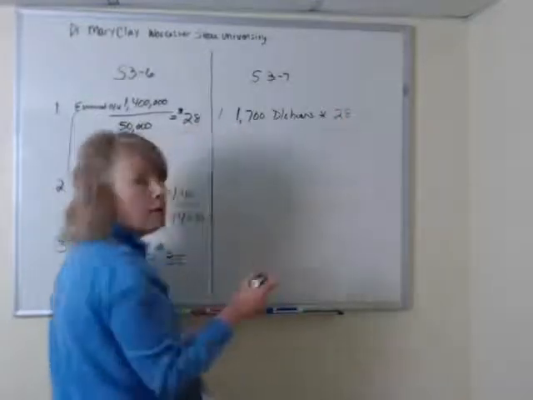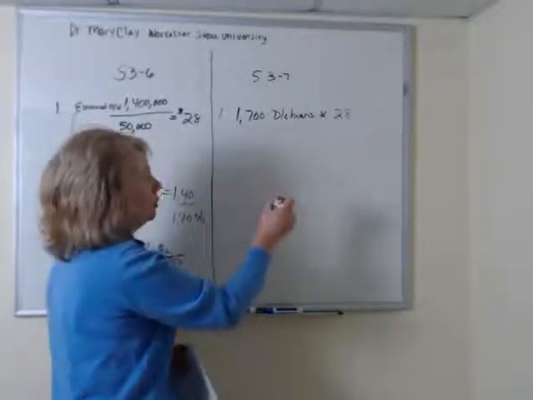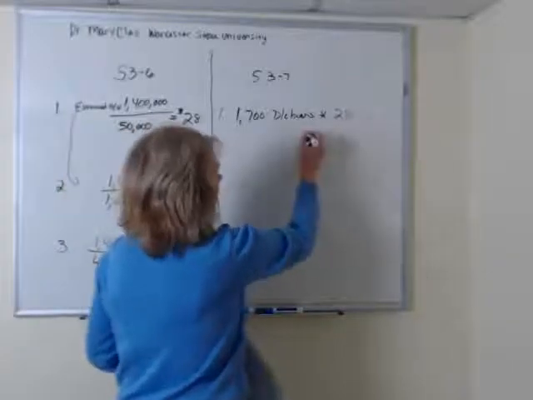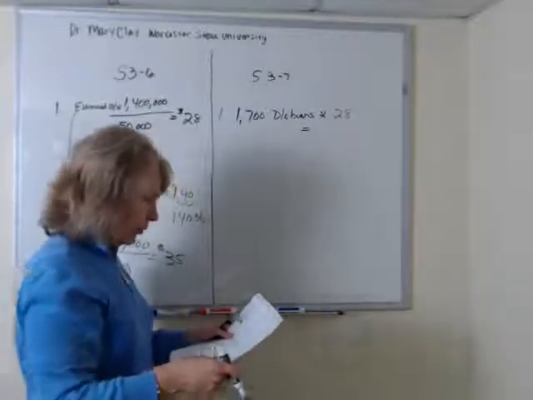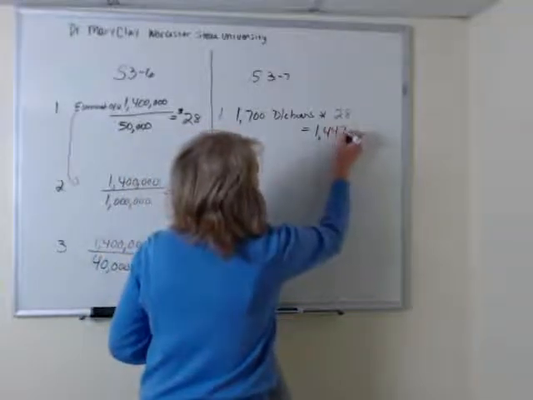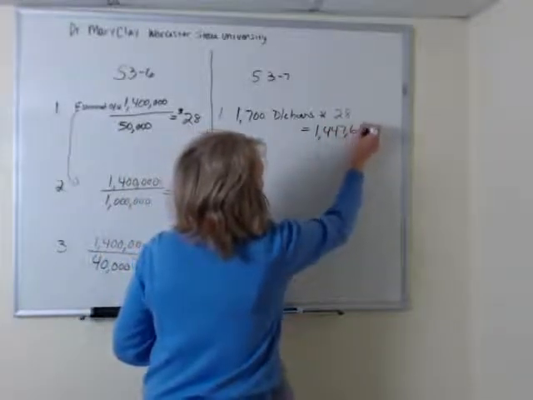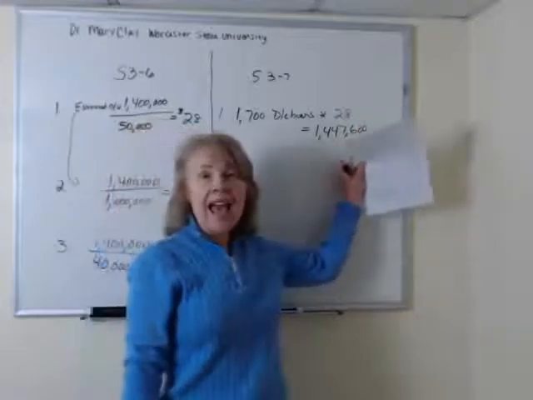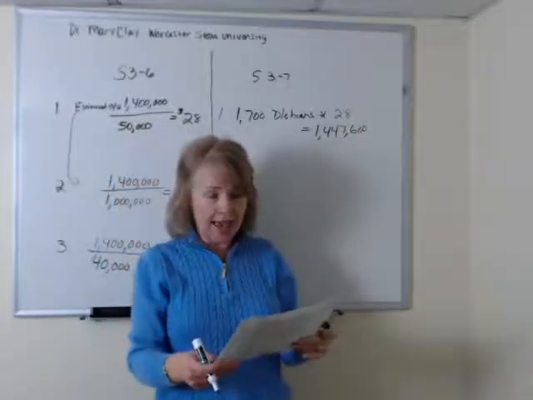Now remember, this is actual hours, and the rate is our estimate. Multiply it out, we come up to 1,447,600. That's what we're going to allocate for overhead.